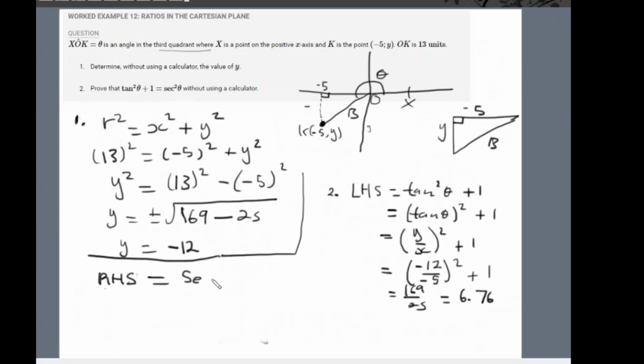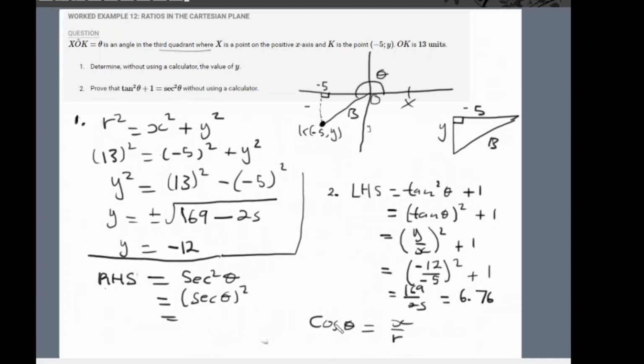sec squared theta. This is the same as saying (sec theta) squared. And then sec theta is the reciprocal of cos theta, and cos theta is equals to x over r, right?